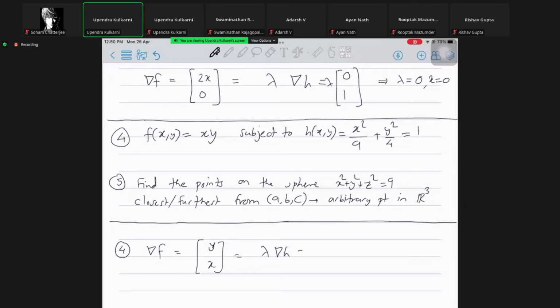Lambda times delta h, which is equal to lambda times what? (2x by 9, y by 2). y by 2, y by 4, so y by 2. Okay, so now what do we do?